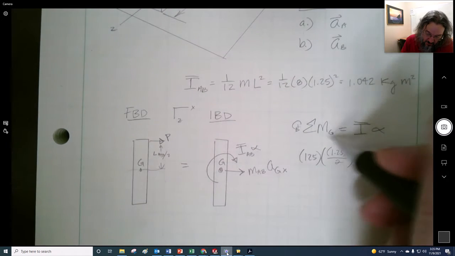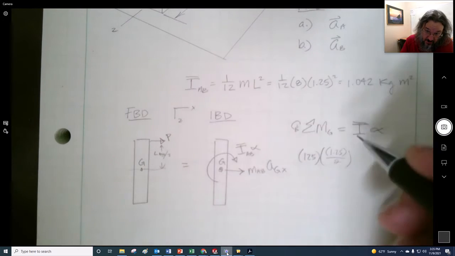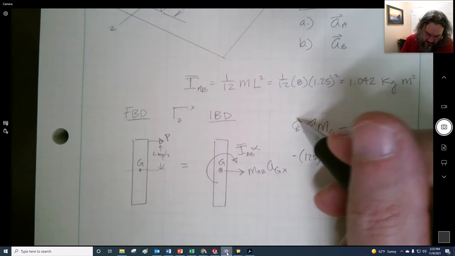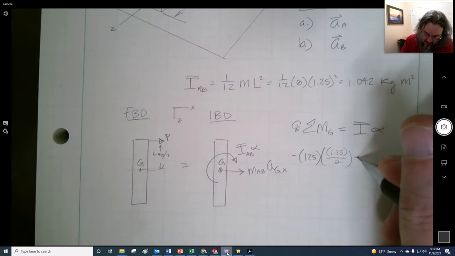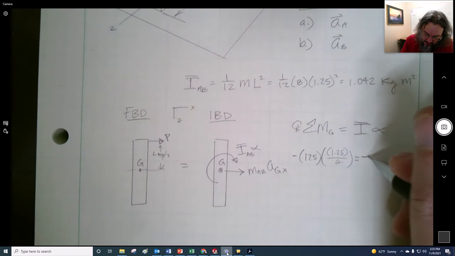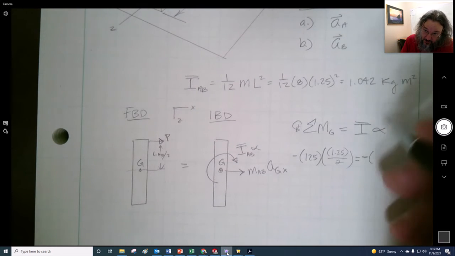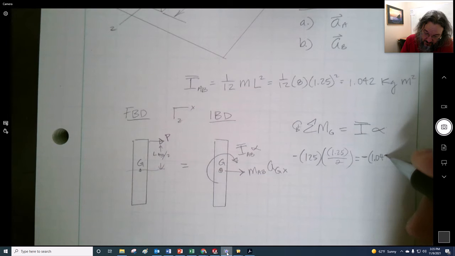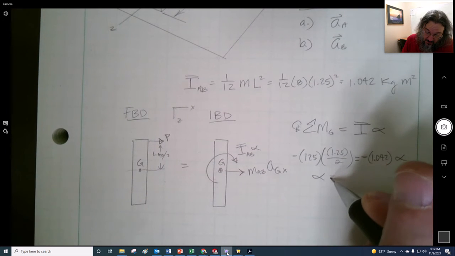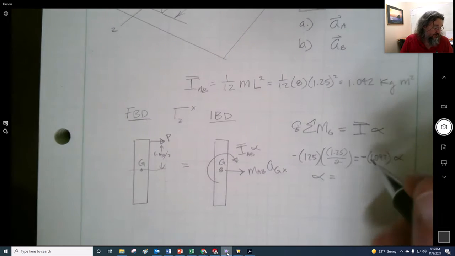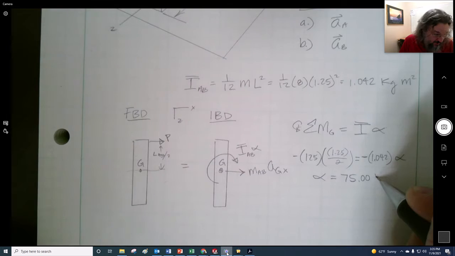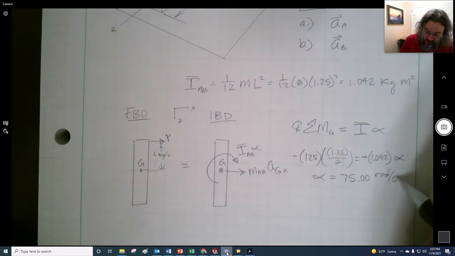That's the only moment happening on this thing, and it should be negative because counterclockwise is positive. So we end up with negative I, which we said was 1.042, times alpha. So we're able to find alpha, and I believe I get 75 radians per second squared.